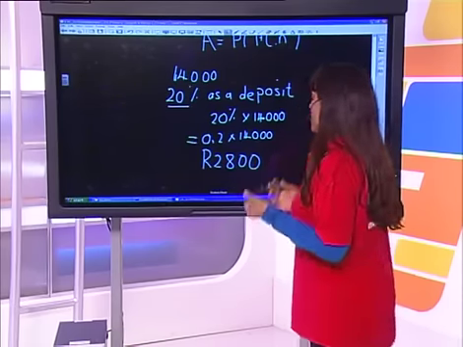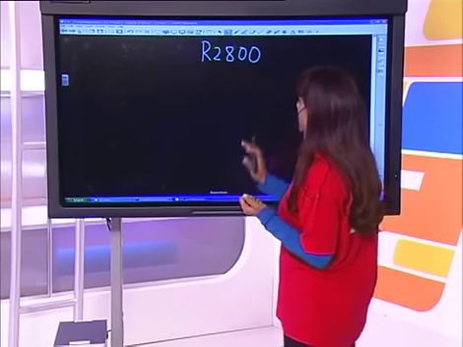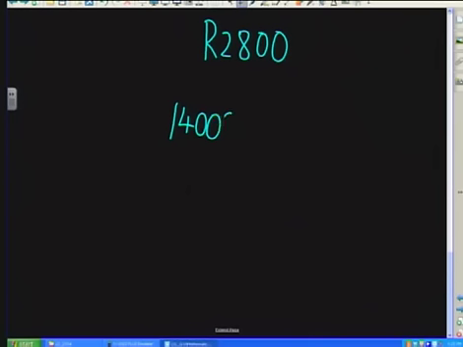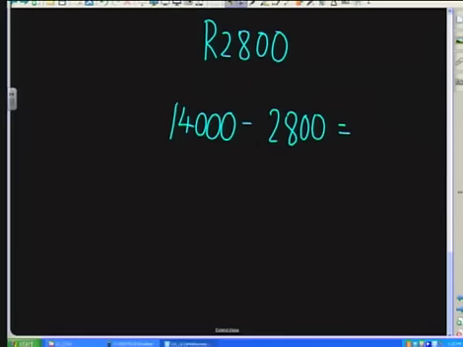Okay, so the amount that she owes is not 14,000 Rand. She owes 14,000 minus 2,800, which was the deposit. All right, so we say 14,000 minus 2,800, and we get 11,200.